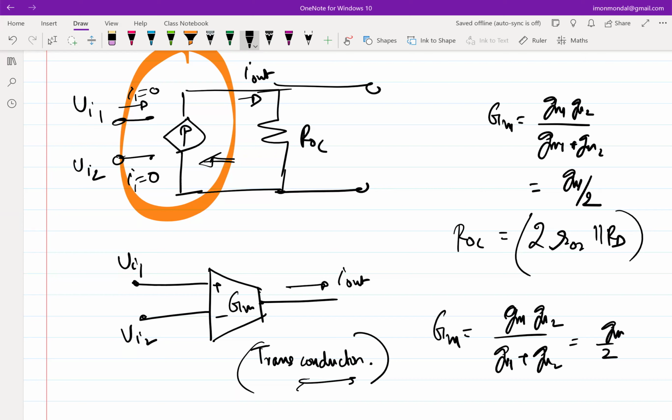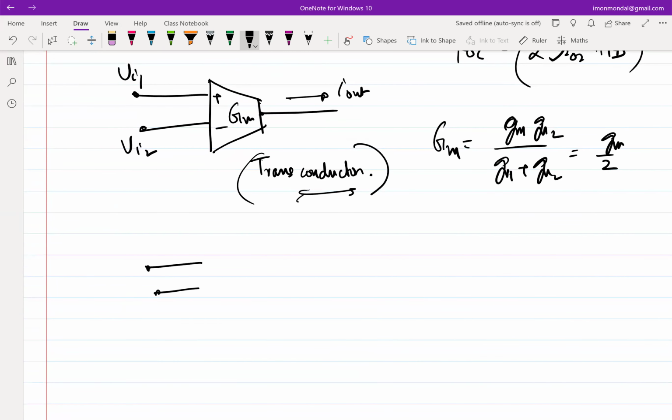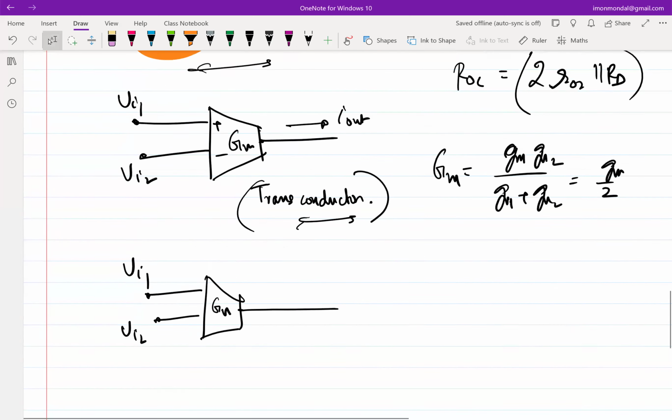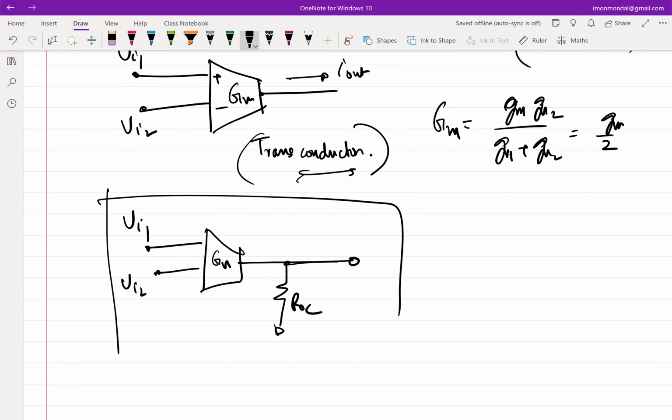So essentially now our DFAM equivalent becomes this, with VI1, VI2, but the DFAM doesn't have an infinite output impedance, right? So I have this ROC, so that ROC comes here. So this becomes the DFAM.